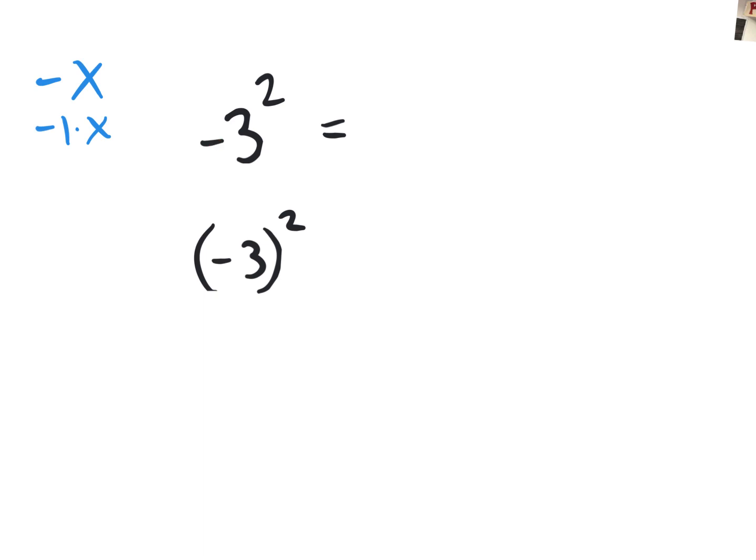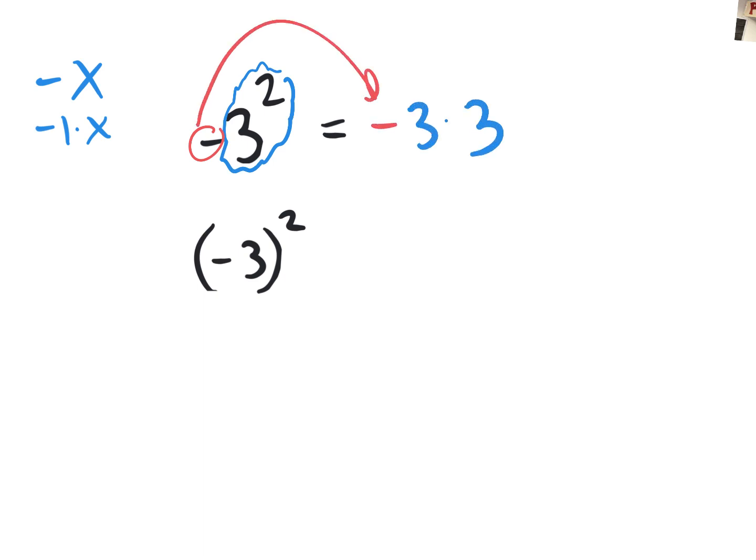So in reality, you have to deal with the 3 squared first, and then deal with the -1 that's being multiplied in the front. So when we do 3 squared first, that's really a 3 times 3, and the negative sign that's in front, you just put it in the front right there. So in a sense, the problem becomes 3 times 3 with the negative in the front. That'll give you a -9 as an answer.